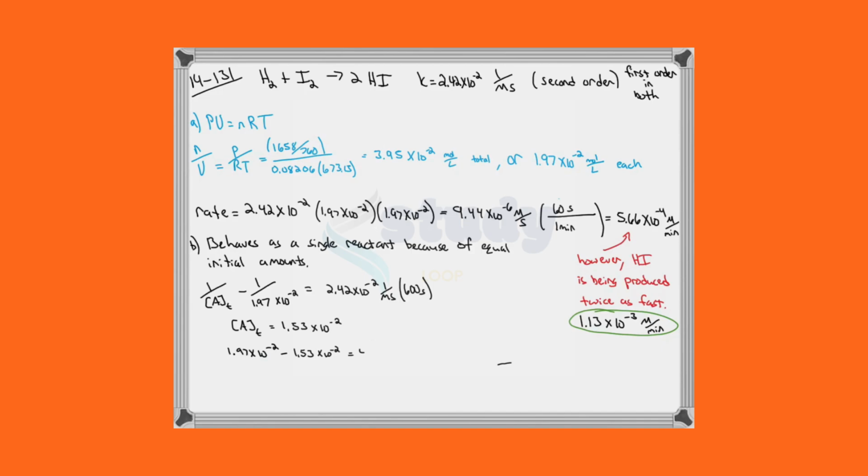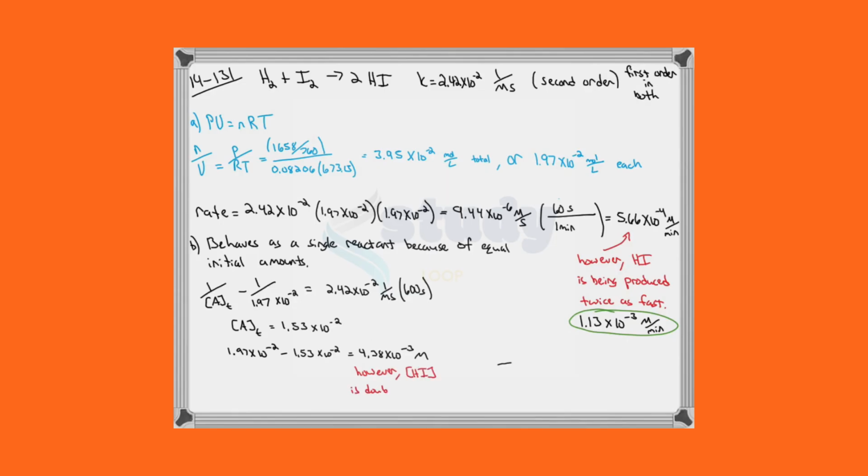The decrease in concentration of each of these is related to the increase in concentration of HI. So if we subtract the concentration that we had minus the concentration at time t, this will tell us the change in concentration, which will correspond to the increase in concentration of HI.